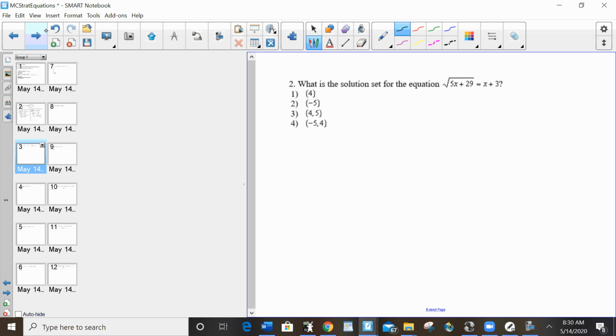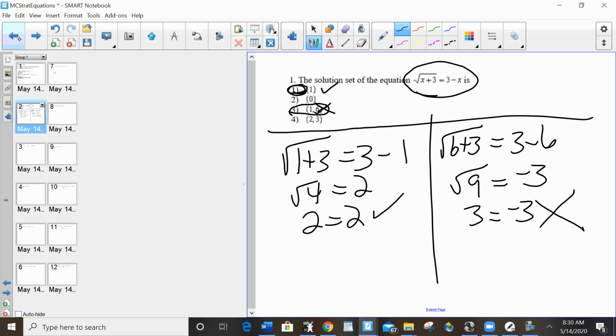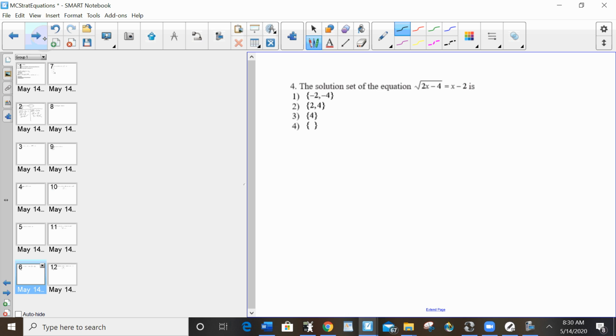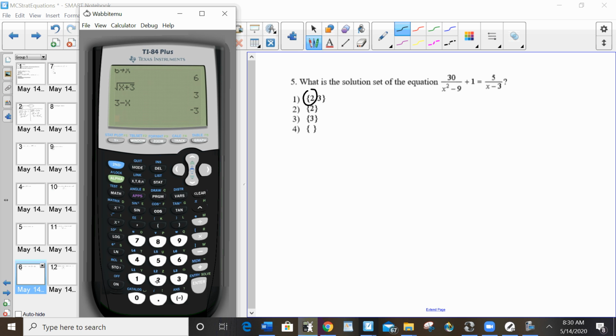Let's do a different type of equation, just so you can see that it doesn't just work on radical equations. Let's try a fractional equation. I'm going to start by trying 2. So I'm going to do 2 store as x.